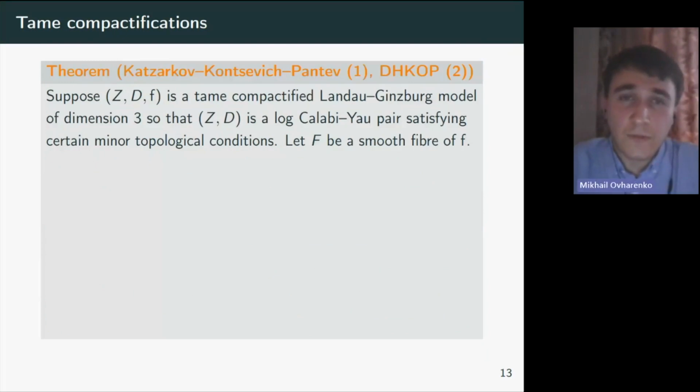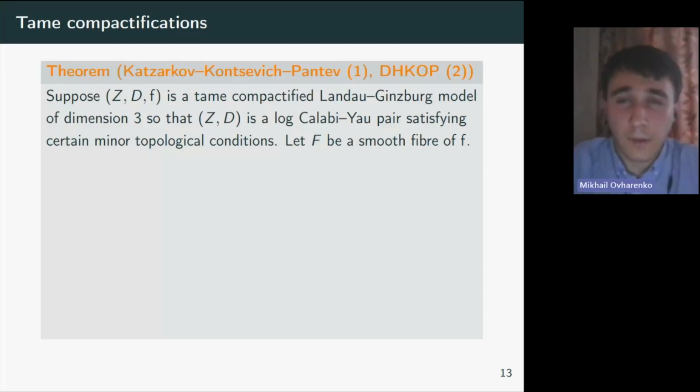So our second result, which is partially after the result of Katzarkov, Kontsevich, and Pantev, is as follows. Let us suppose that we have a tame compactified Landau-Ginzburg model of dimension 3, and let us additionally assume that the pair of the total space Z and the divisor D is a log Calabi-Yau pair, which should additionally satisfy some certain minor topological assumptions.